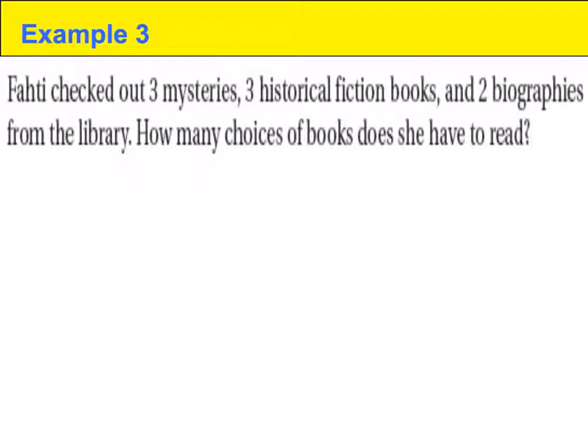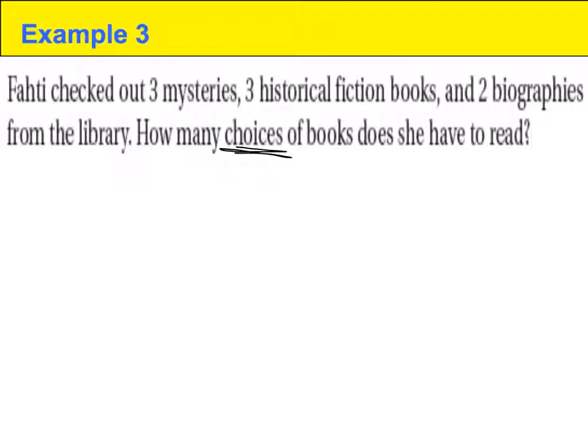Last problem of the day. So pause now, write this one down. It says, Fadi checked out 3 mysteries, 3 historical fictions, and 2 biographies from the library. How many choices, not combinations, but choices of books does she have to read?